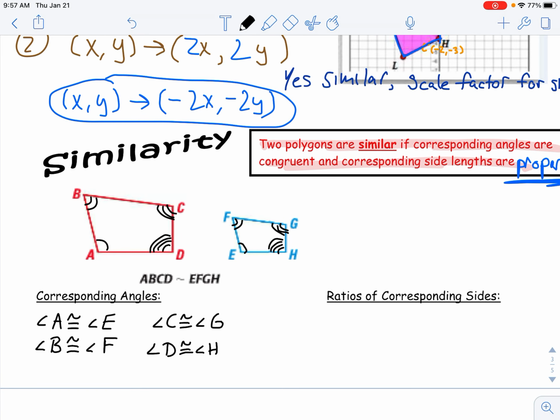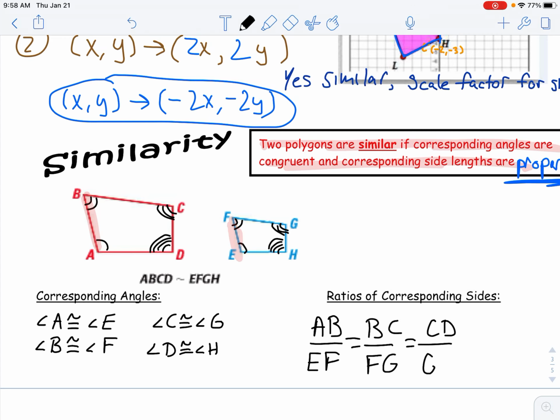And then side lengths, ratios of sides. So this is going to look a little quirky right now, but we're just going to match up sides like AB and EF. So if those had actual numbers, let's just muscle through this right now. BC and FG, all these fractions would equal each other. Side lengths are proportional. Can be called the scale factor 2.